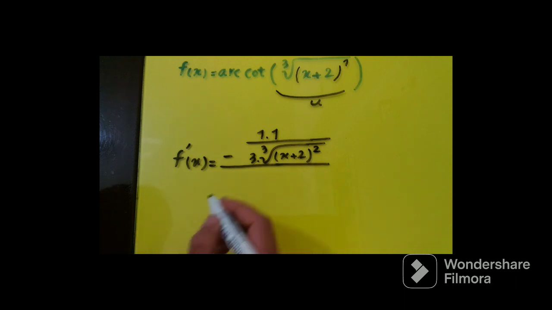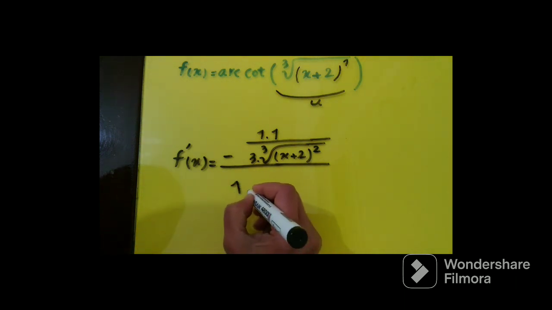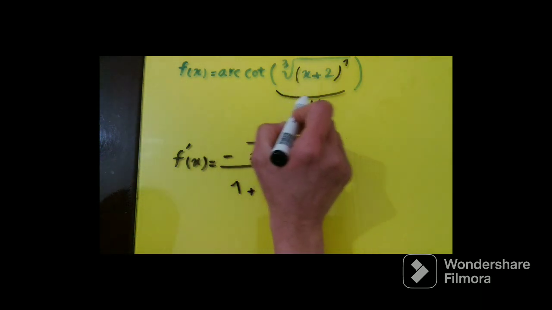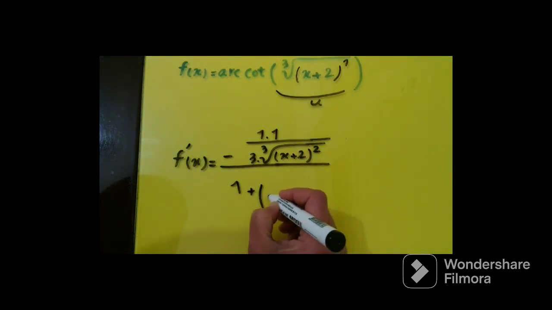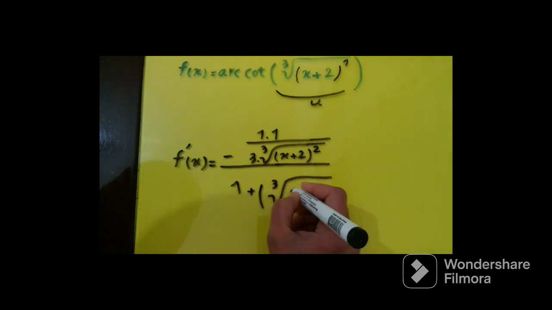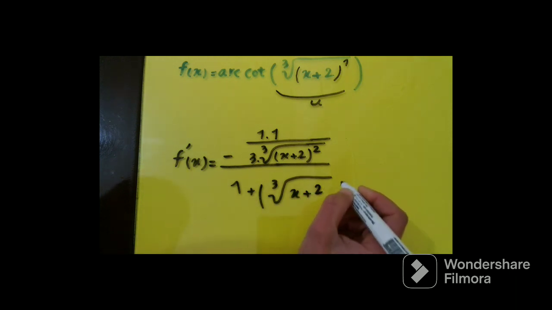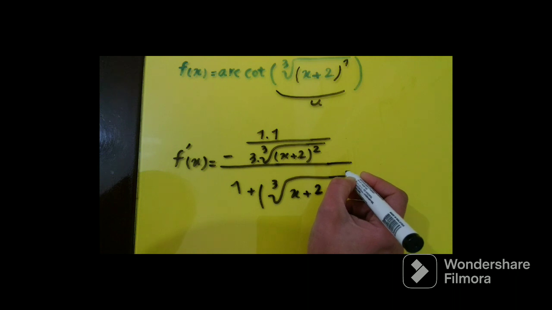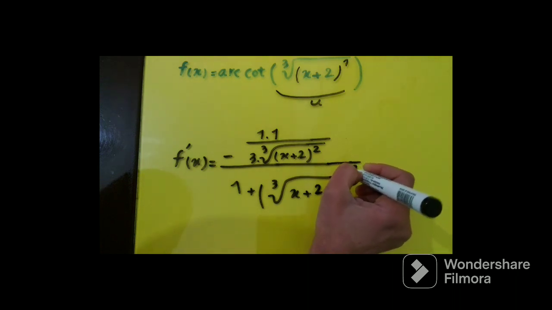And for down you should put 1 plus u squared. x plus 2 to the 2.